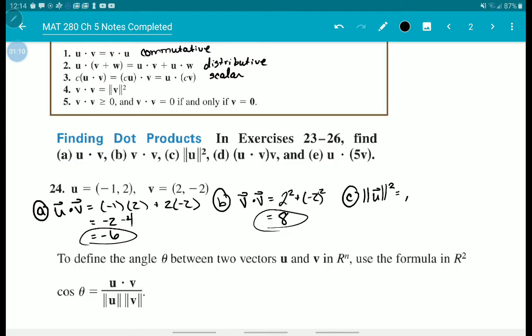So if we want to find the magnitude of u, it would be this. And when I square that, the square is going to undo that square root. So we're going to be left with -1 squared plus 2 squared, which is going to give us a 5.